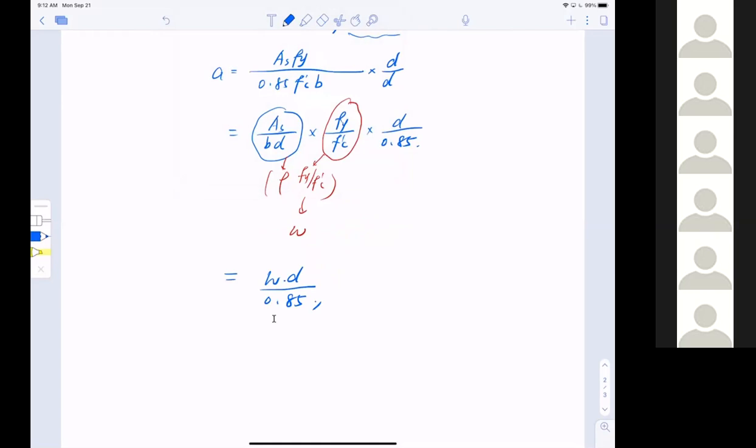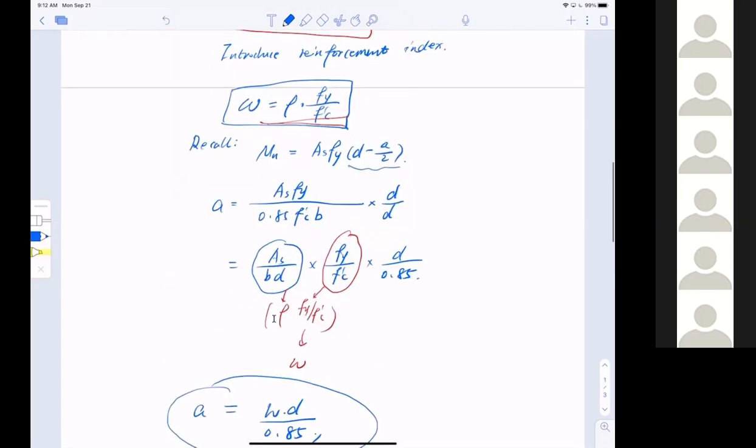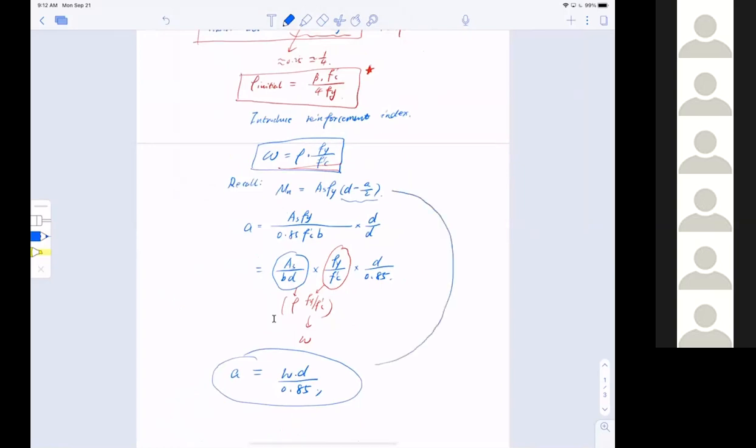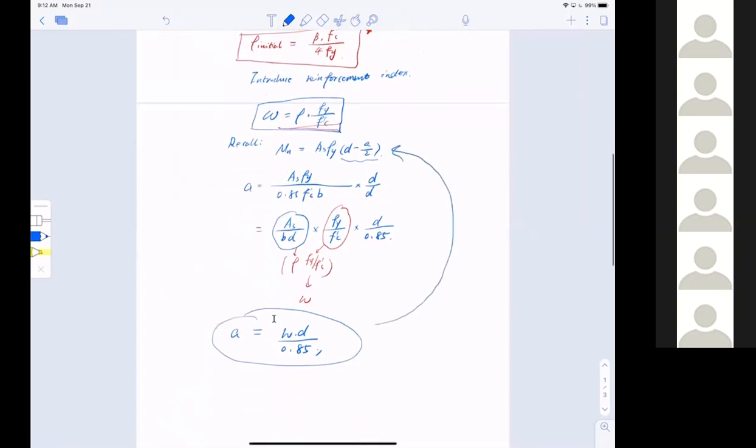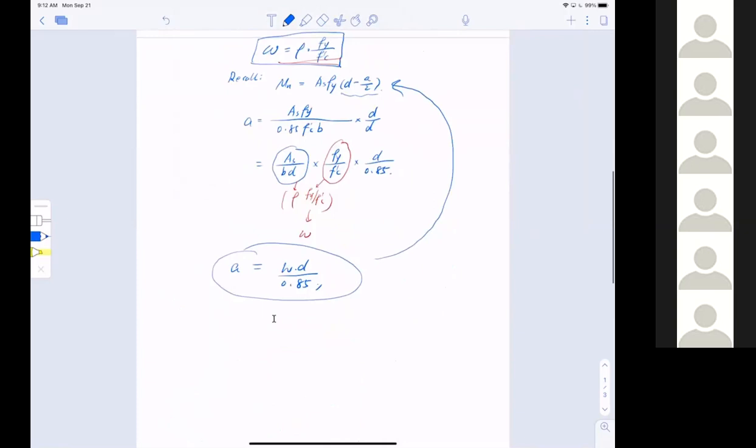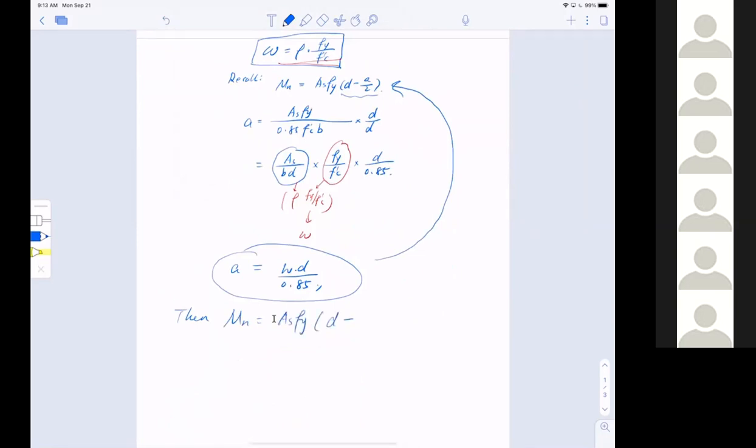All right. So with this parameter here, I'm going to plug back into the moment capacity. With that, Mn becomes a different equation, right? Mn becomes AsFy, bring this whole thing in, D minus omega D divided by 2, 0.85.